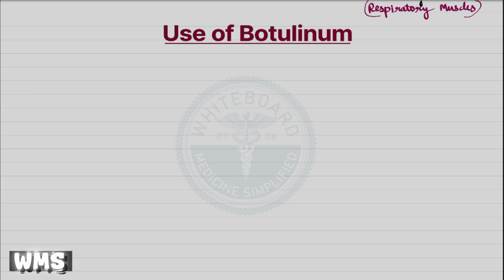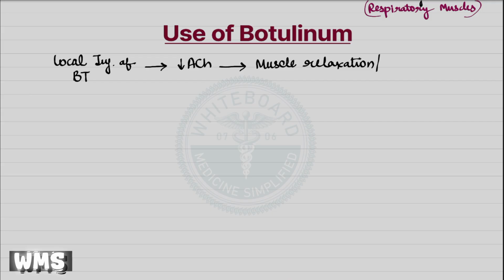Now, regarding the use of botulinum toxin, interestingly, this toxin is used in controlled doses for medical and cosmetic purposes. So, a local injection of botulinum toxin reduces acetylcholine release, leading to muscle relaxation or paralysis at nicotinic receptors and decreased secretion at muscarinic receptors.